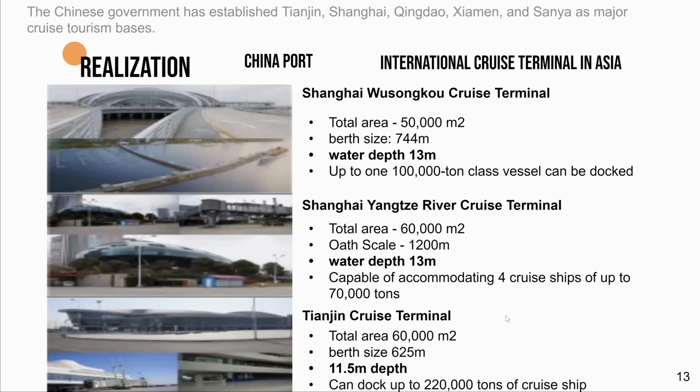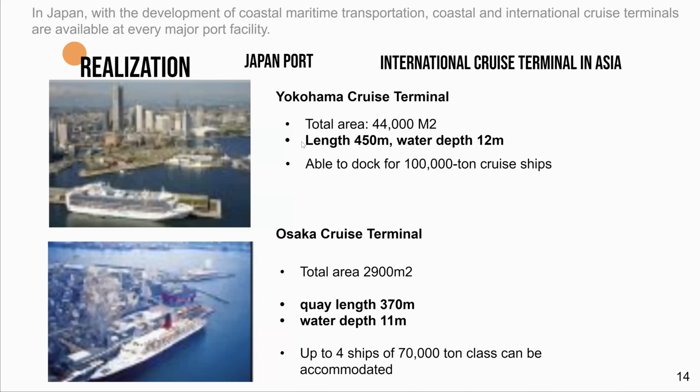In Shanghai, Shanghai Wusongkou Cruise Terminal, the water depth is 13-meter. In Yangtze River, it's also 13-meter, and in Tianjin, it's 11.5 meter. Also in Japan, the length of port is 450-meter, water depth of 12-meter, and in Osaka, the water depth is 11-meter.